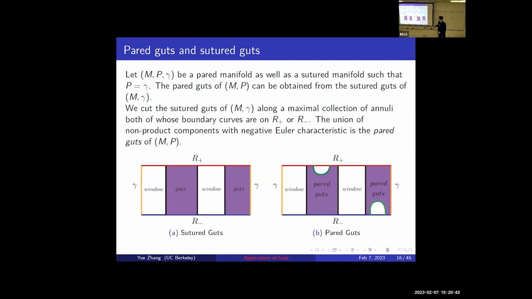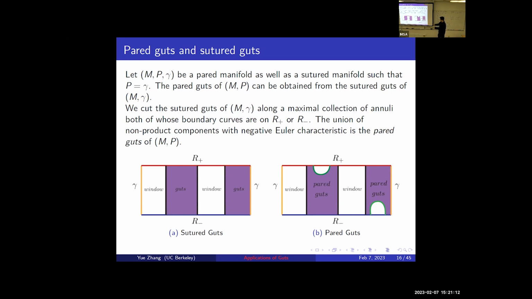Here's a comparison between pared guts and suture guts. On the left, let's assume you have a pared manifold which is also a sutured manifold, and P is equal to the suture. I'm going to show you how to obtain the pared guts from the suture guts. Right. So first, how to get the suture guts?